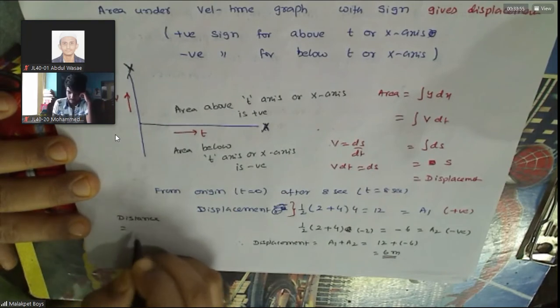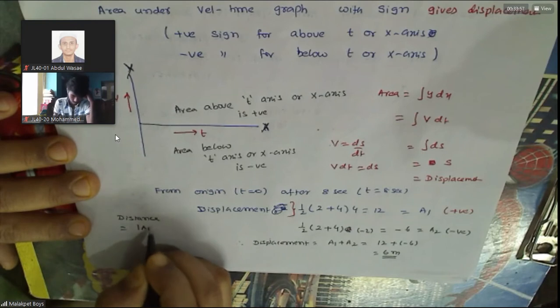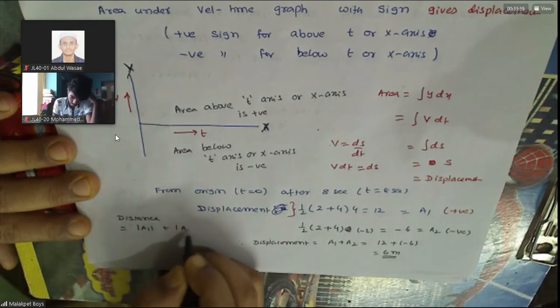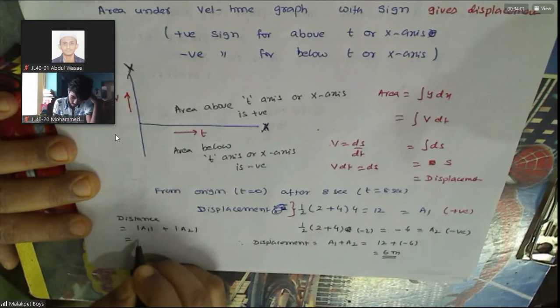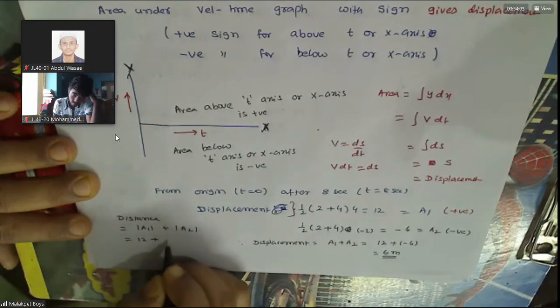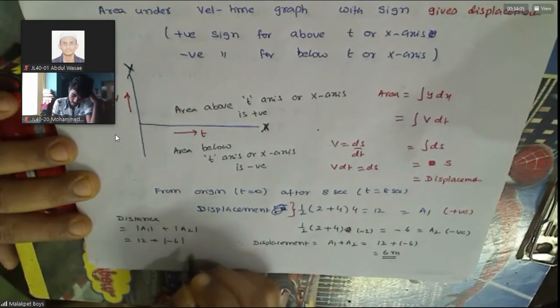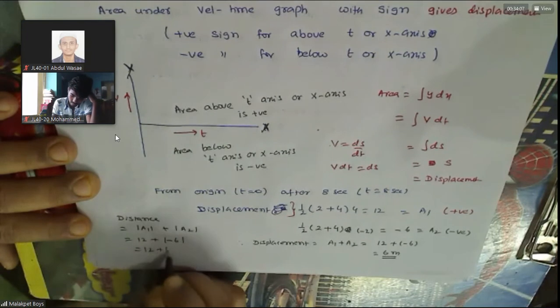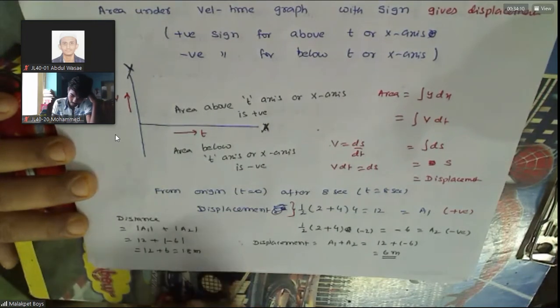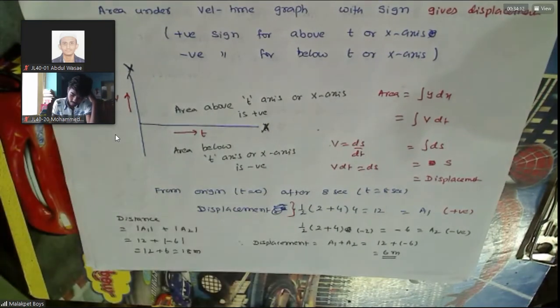Distance is nothing but the sum of the areas with modulus taken. So this is 12 plus modulus of minus 6, that is nothing but 12 plus 6. That is 18 meters. Understood this?